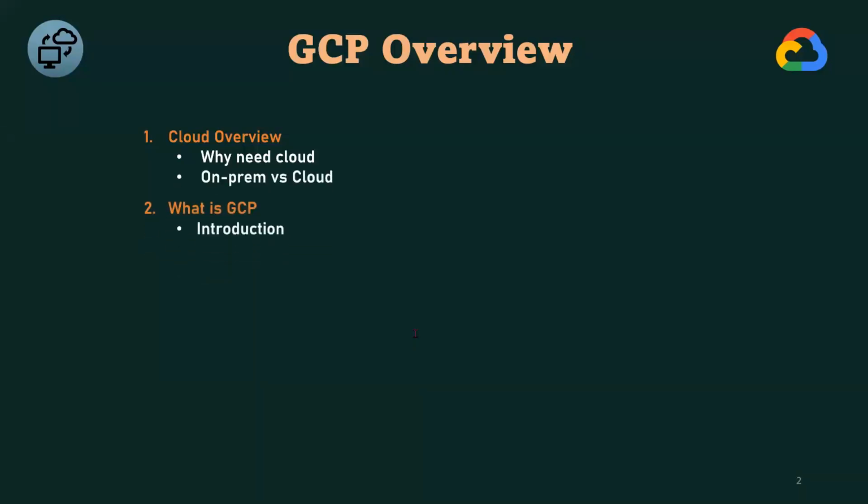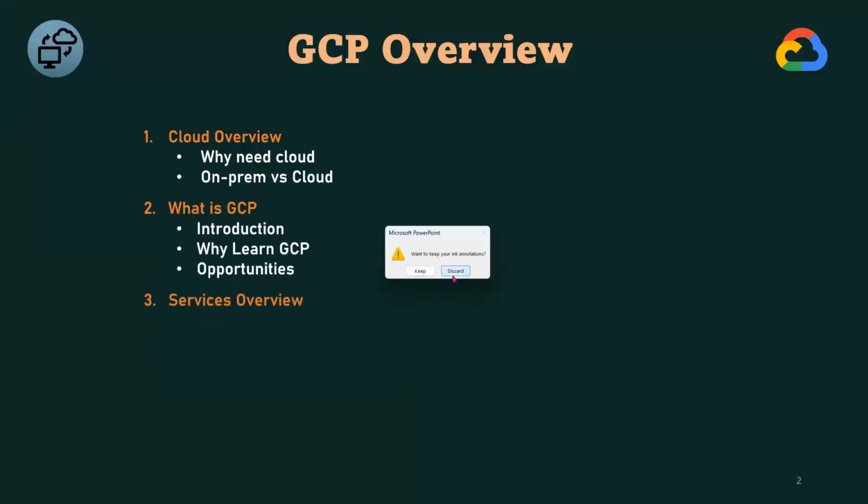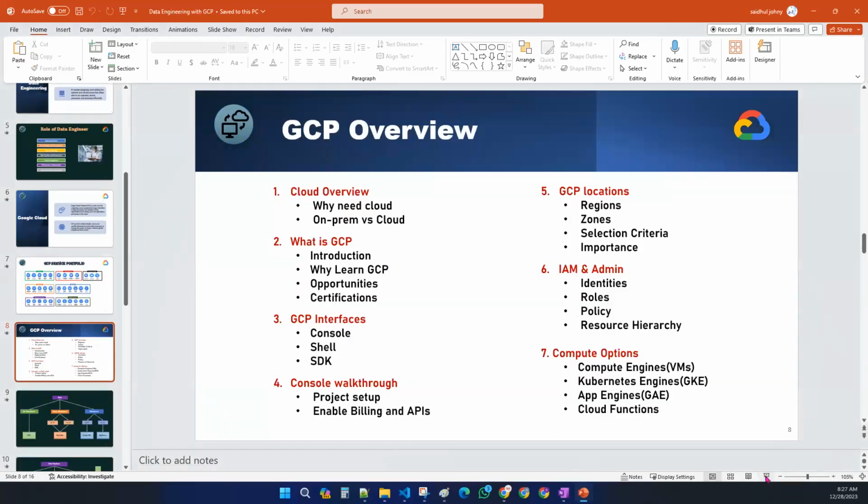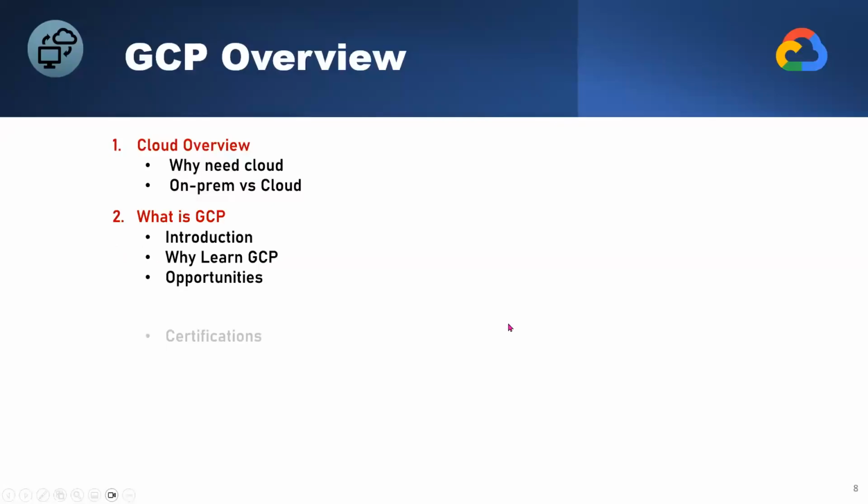What is GCP, an introduction, why we learn it, the opportunities. So until here, we have seen the cloud overview, why we need the cloud platform, the difference between on-premises and cloud, what GCP is, why we learn GCP, what opportunities are there, and what certifications you can go for. Okay, any questions?